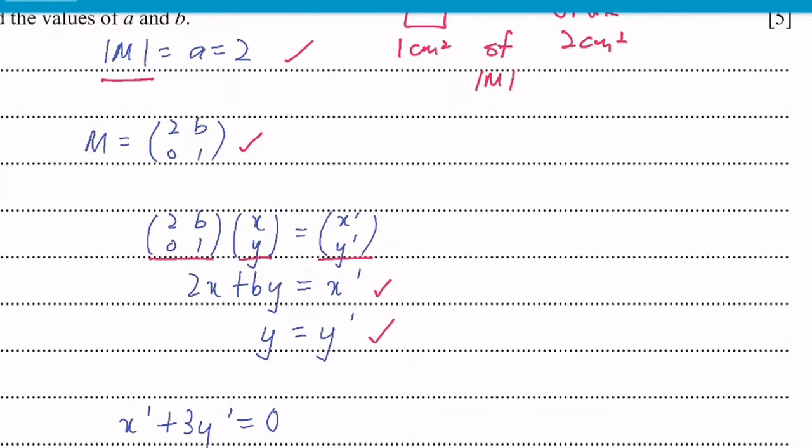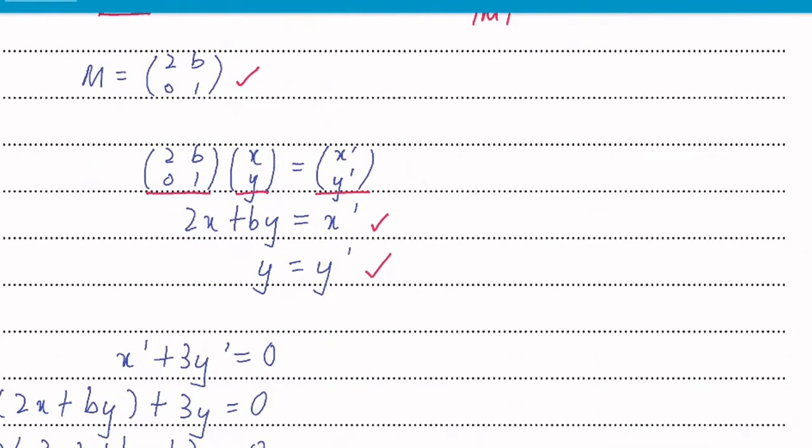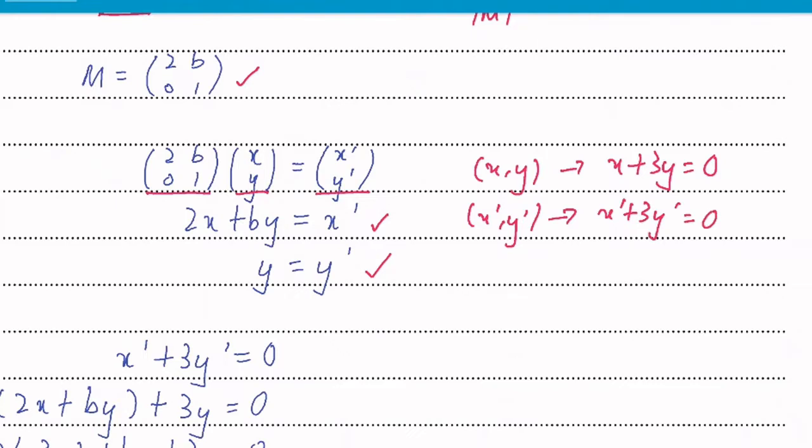For the invariant line, we have some point (x, y) that must be on the line x plus 3y equals 0. Because it is an invariant line, the x prime and y prime should also satisfy this equation, because the image should be on the line as well.